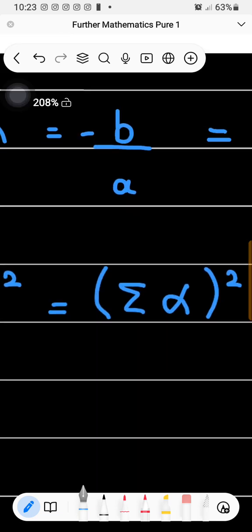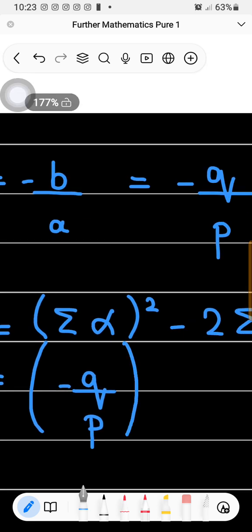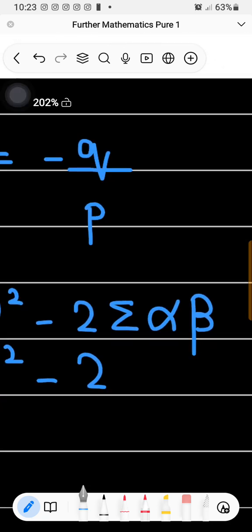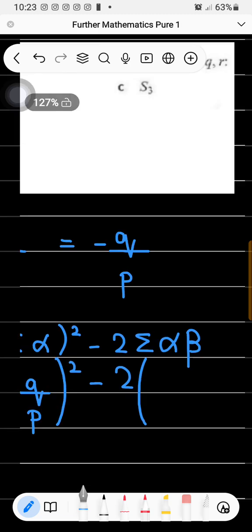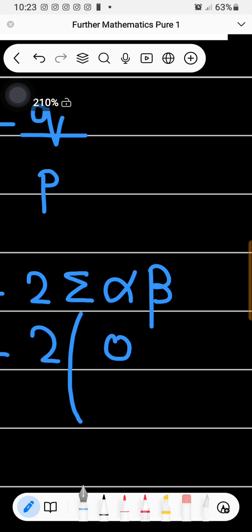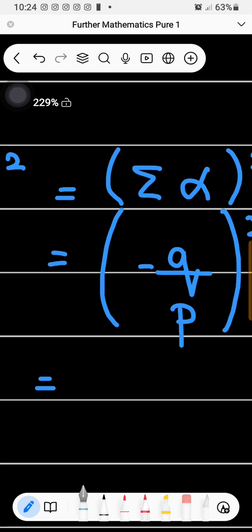Sum of alpha is negative q upon p, so we can write the bracket of negative q upon p whole square, minus 2 sum of alpha beta, which is c upon a. So c was 0, am I right? Yes, 0 upon p. So basically it will be 0, and S2 becomes q square upon p square.